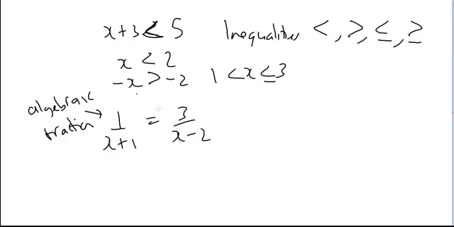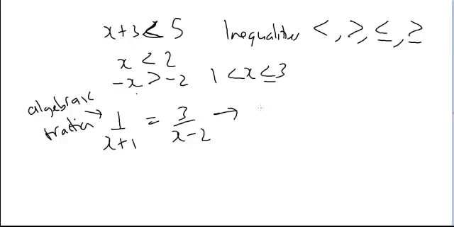You can see why. It has x's, so it's algebra, and it's a fraction, hence algebraic fraction. What you do here is you multiply both sides by x plus 1 and then both sides by x minus 2, and you end up with a quadratic. So I'll just show that in action.